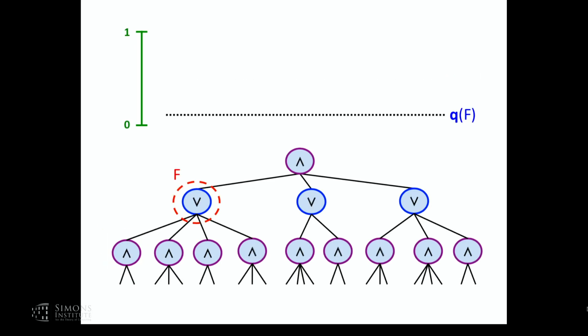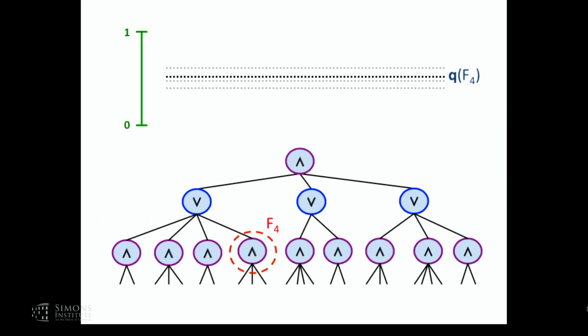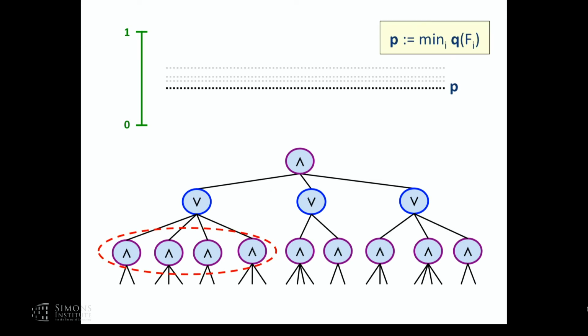And the way this is defined is by a bottom-up induction. So to define q of f, assume we've defined the stopping times of each of its children. We're going to let p be the minimum of the stopping times of the children of f. And then we hit the subformula f with the R_p restriction for this p.